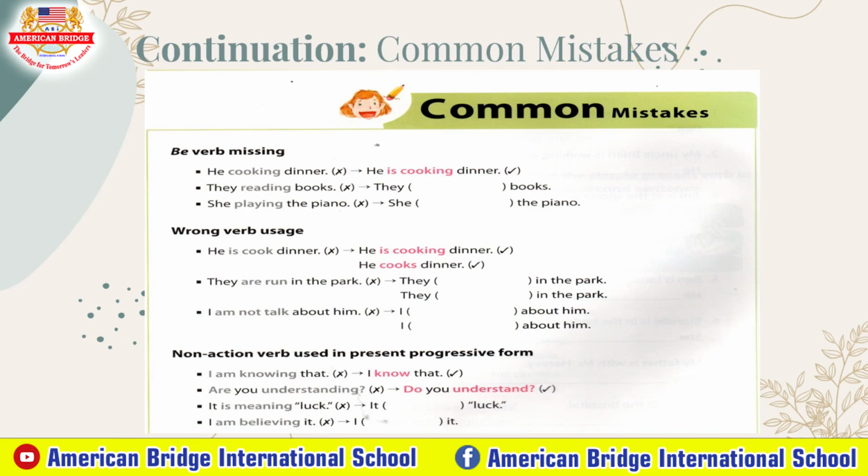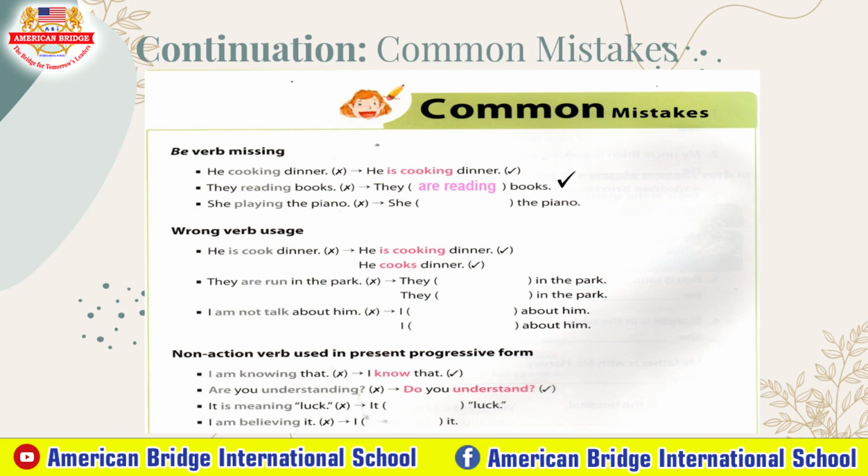Next, for our next example in here, they reading books. So this one is wrong already. So, in order to make a correct sentence or with the correct form, we need to add what? Are. So, they are reading books. So, this one is correct. Now, another example is she playing the piano.